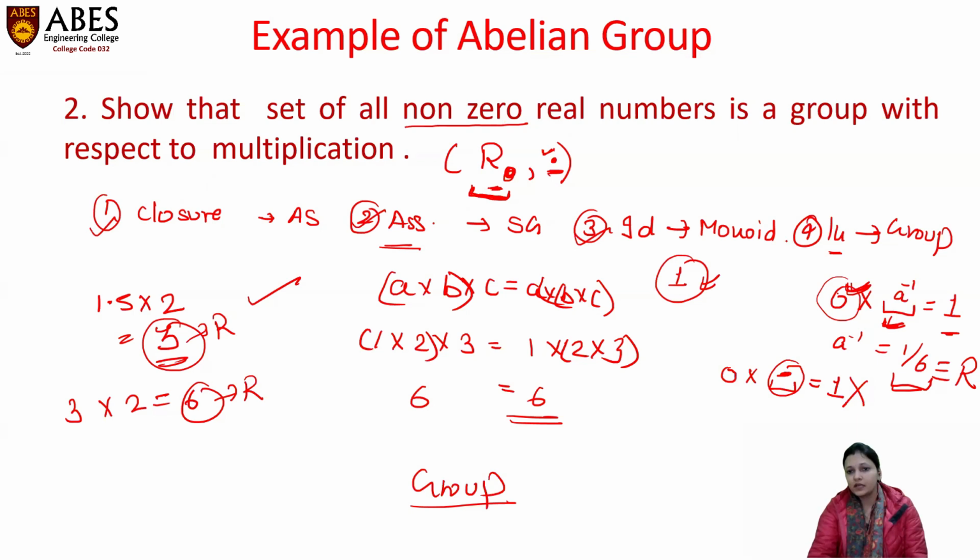The last property, inverse property, is satisfied for every element except 0, and in the question it is given that non-zero real numbers are considered. So the set of real numbers without 0 is a group. If we consider another question where we take real numbers with multiplication, and here we are also adding 0 to it, then it will not be a group.